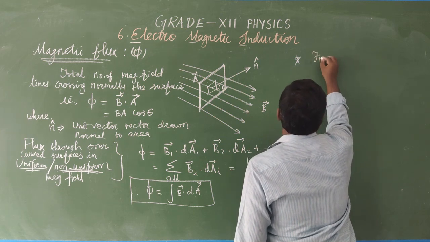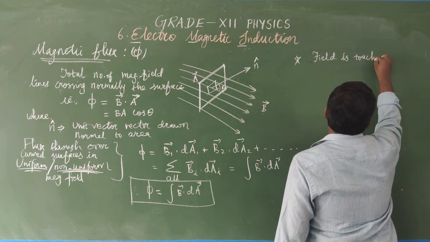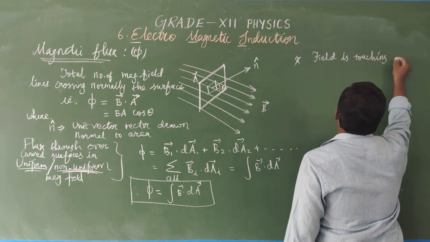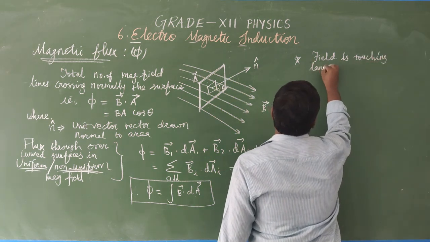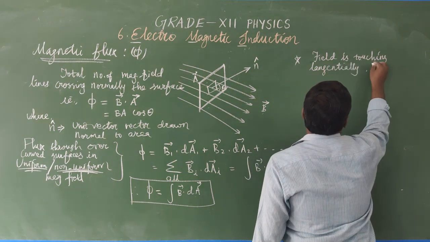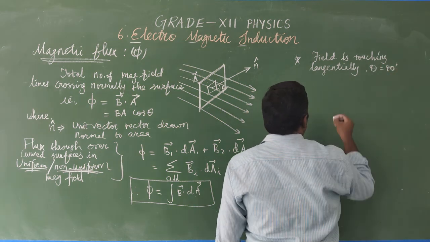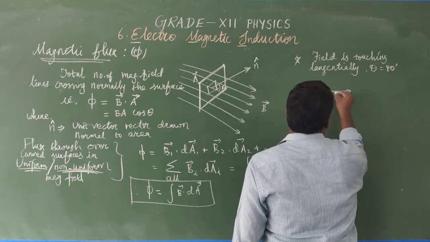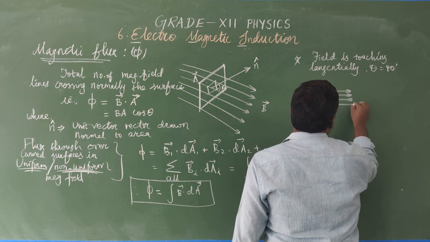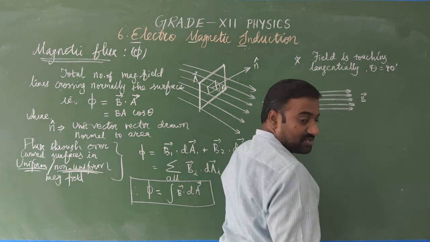Suppose the field is touching the surface tangentially, that is theta is equal to 90 degrees. How does the diagram look? This is the external magnetic field. In the direction of the external magnetic field there is a small curved surface.